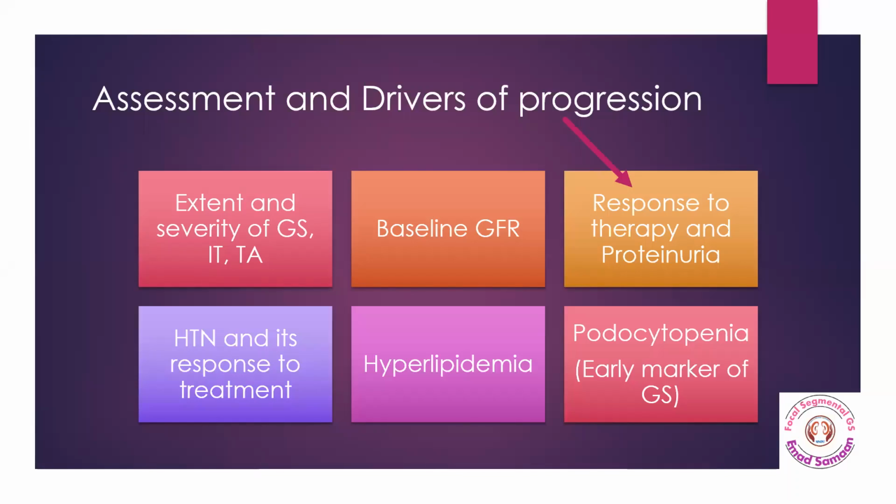One item of them is the pathology, but also the baseline GFR, the rate of deterioration of GFR, and the most important one, which is the response to therapy and the proteinuria reduction, the hypertension and its response to treatment, the hyperlipidemia, and a new histopathological target, which is the podocytopenia.